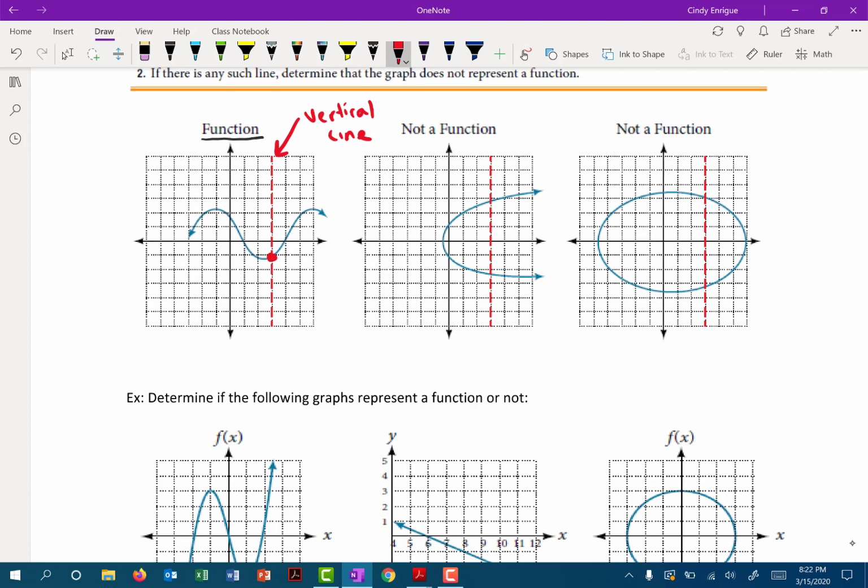Versus the second graph, I see that the vertical line crosses it twice. Because it crosses it twice, it is not a function. And that last one, I have a vertical line with a circle. It crosses it twice when you draw that vertical line. Therefore, I definitely know that this is not a function.